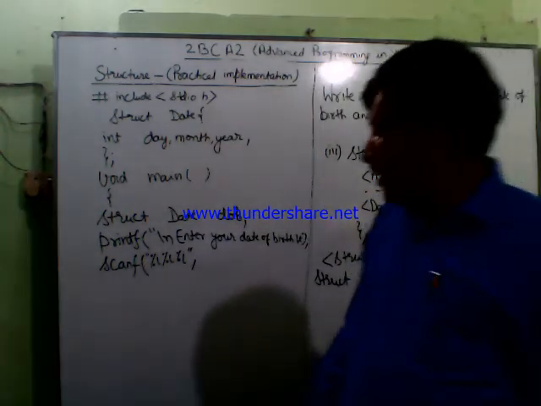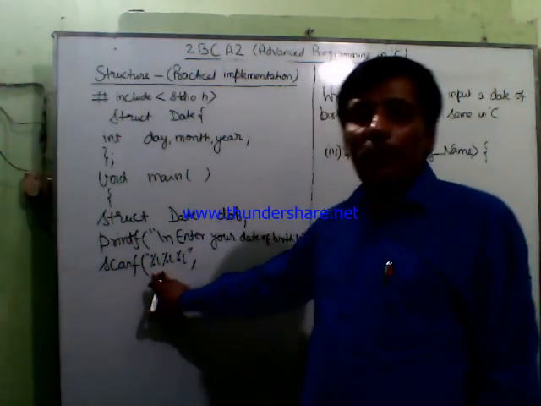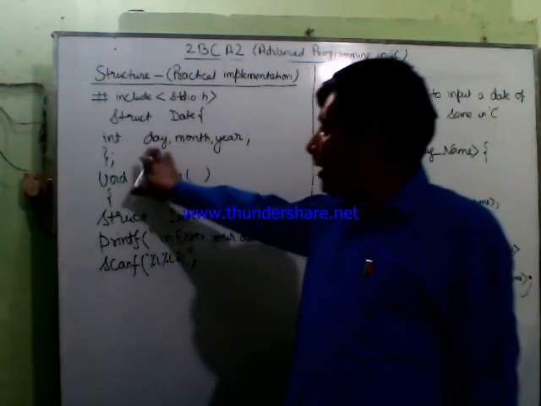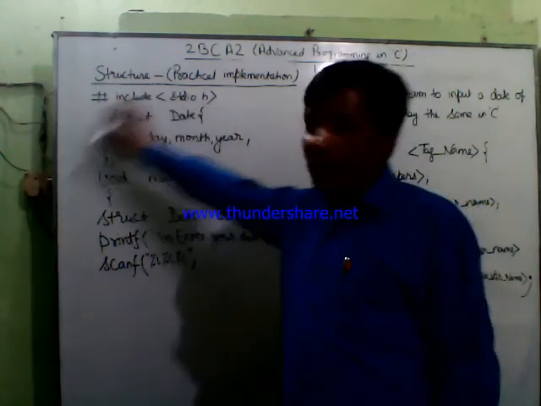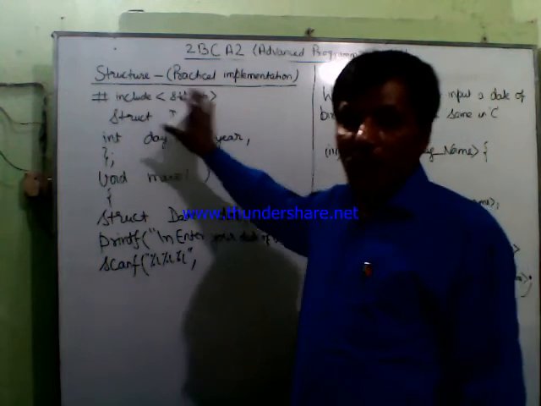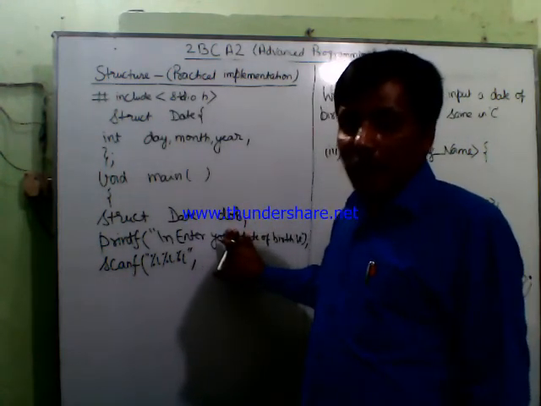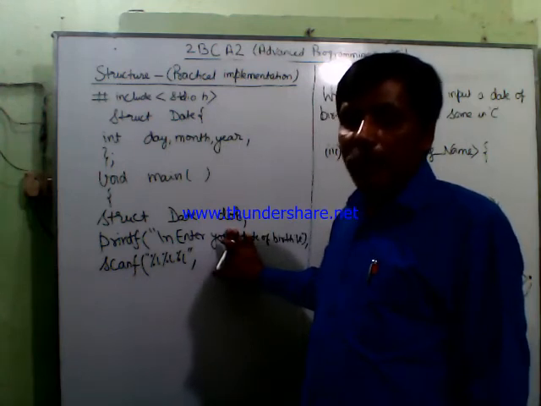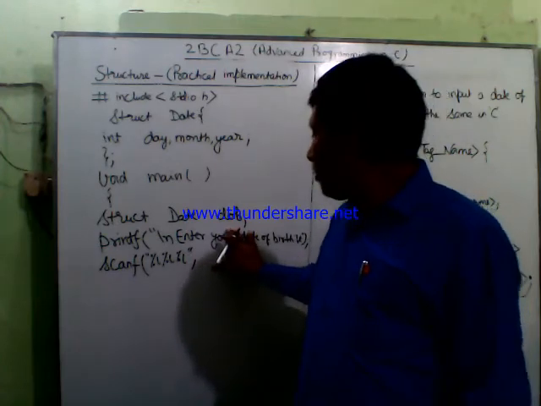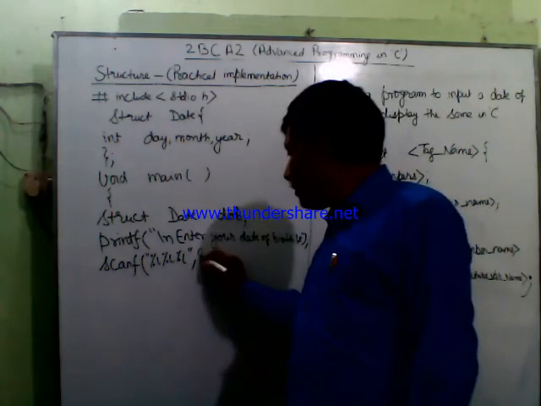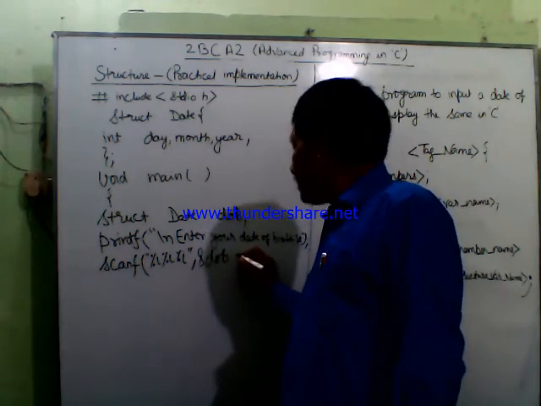And for the first integer quantity, the first input value will be stored in day memory, and this day memory has been combined within the structure memory. The structure memory will be referred by the name DOB. Hence, to input and store the day of a date, I have to write here &DOB.day.